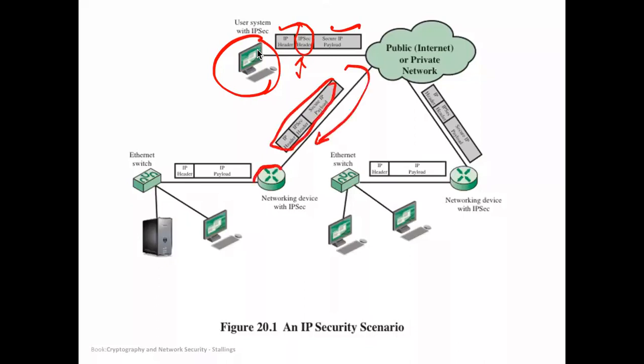Then this router, which is IPSec aware, can remove this IPSec after decrypting and checking HMAC for integrity, and convert this to an ordinary IP packet, and it can go to any machine, server, and so on.